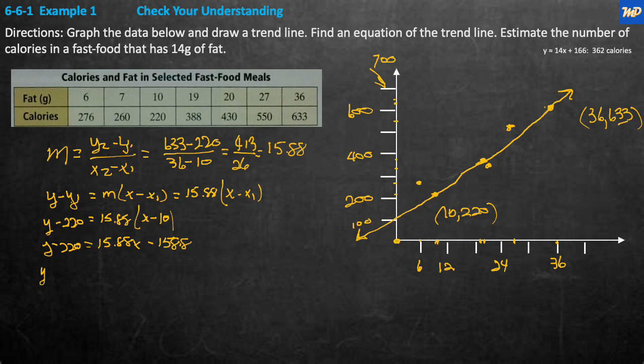So now we can say y is equal to, you got to add 220, is equal to 15.88x minus 158.8 plus 220. And if I do that to get the numbers right, I'm going to do 158.8, right? That's what we have, plus negative, plus 220. Right, I have 61.2.